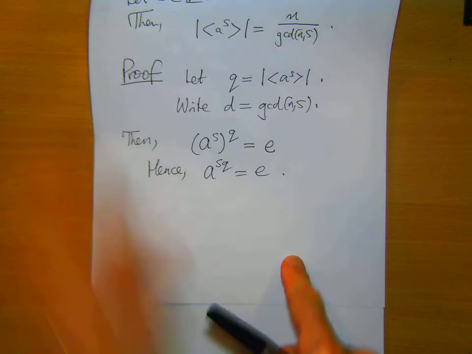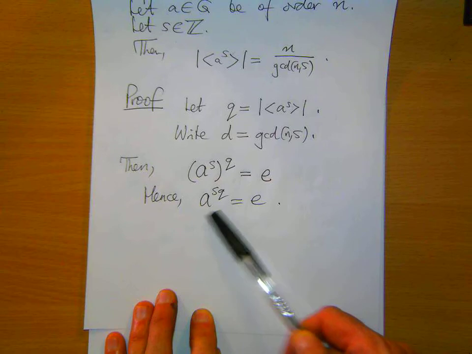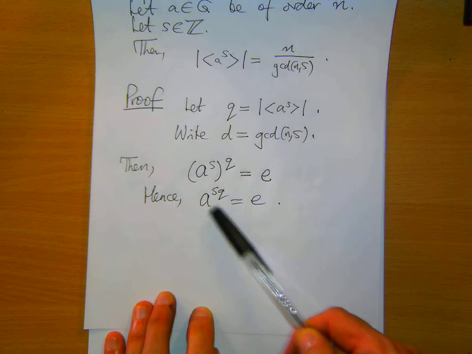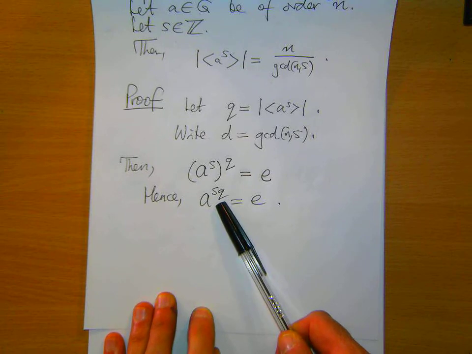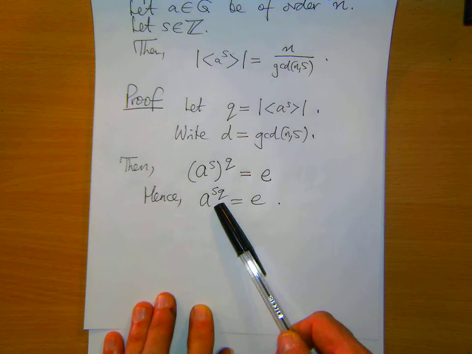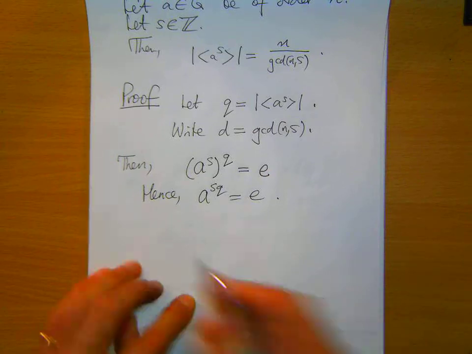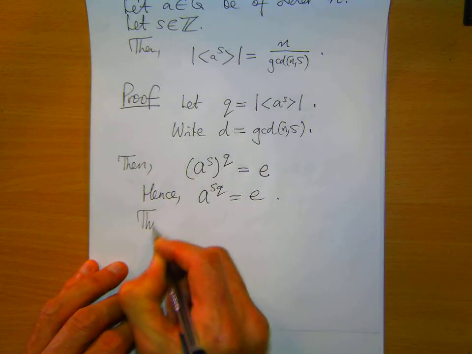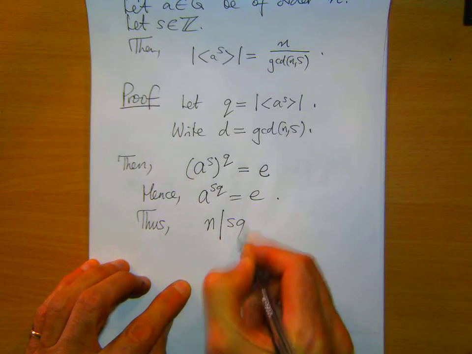But now I can look at this in terms of a. Remember, a is of order n, so we've got some power of a being the identity, so the power must be divisible by n by part 4 of the result we started off with 50 minutes ago. So n must divide sq.